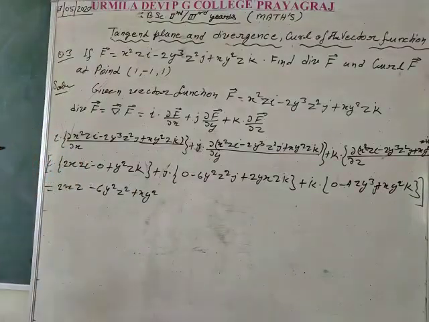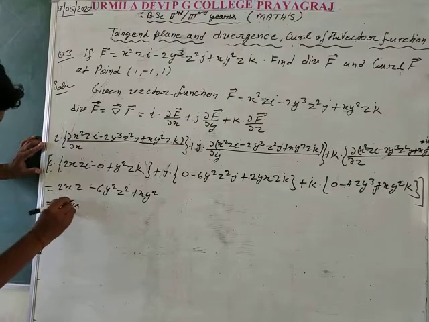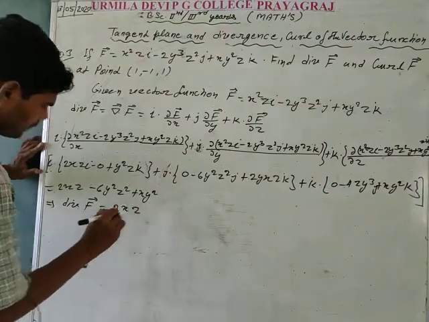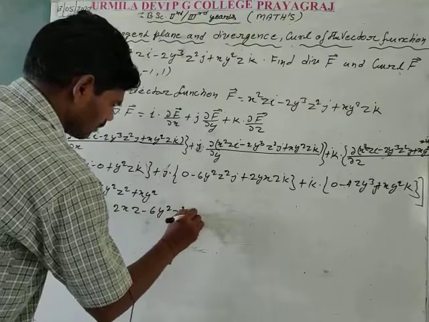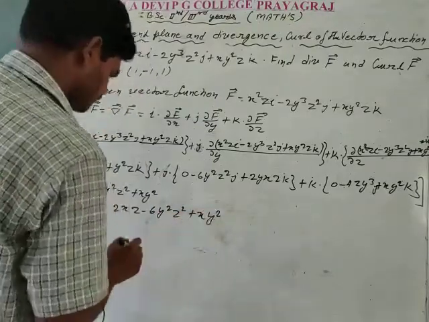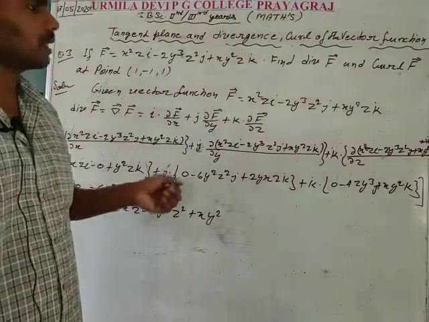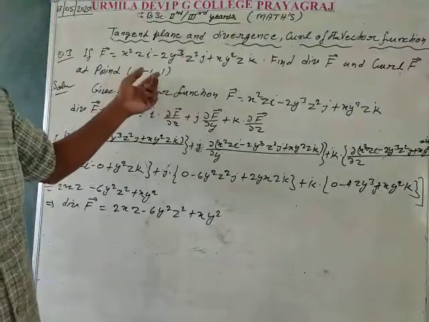This is the value of divergence f. So writing it clearly, divergence of vector f is equal to 2xz minus 6y square z square plus x y square. But the question asks for the value of divergence f at the given point 1, minus 1, 1.